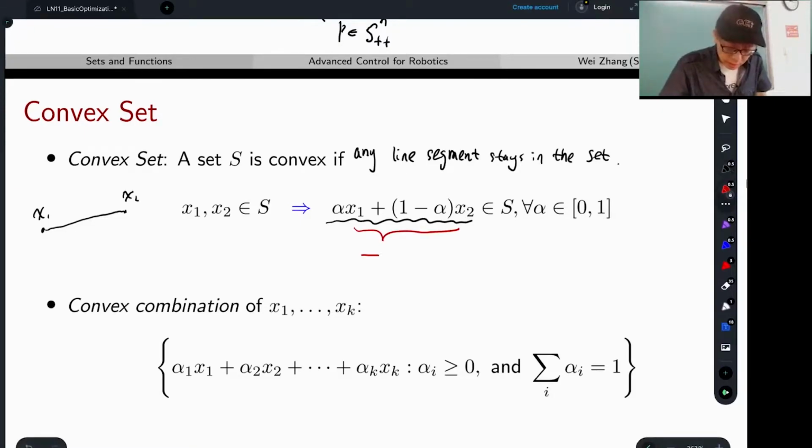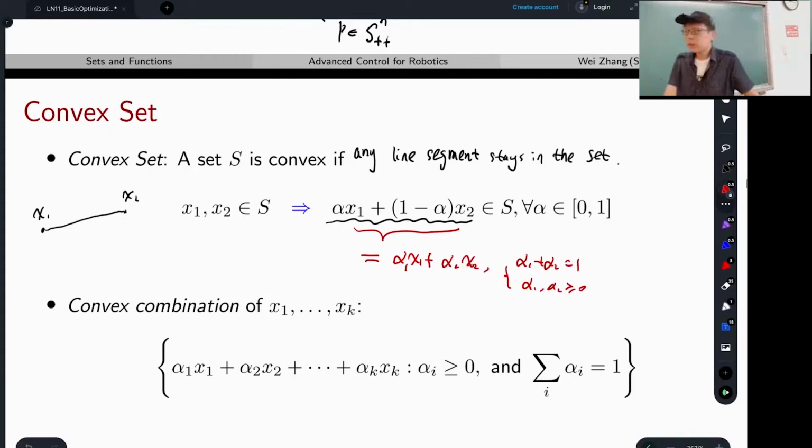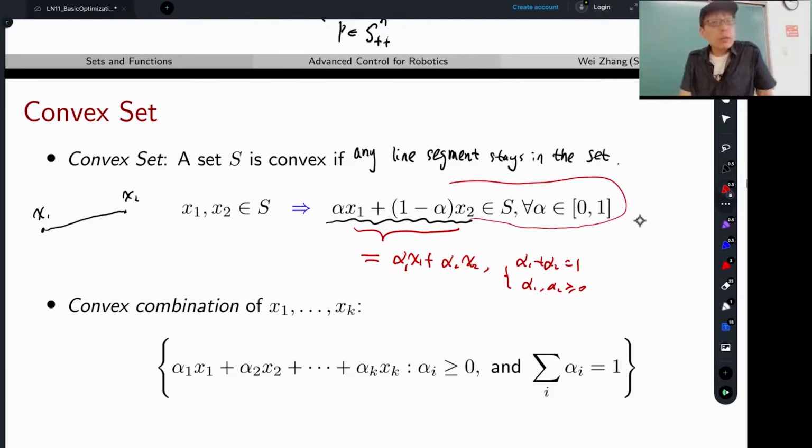This can be written as alpha 1 x1 plus alpha 2 x2, where alpha 1 plus alpha 2 equal to 1, and alpha 1, alpha 2 bigger or equal to 0. So this thing is the same, because you require alpha between 0 and 1, right?